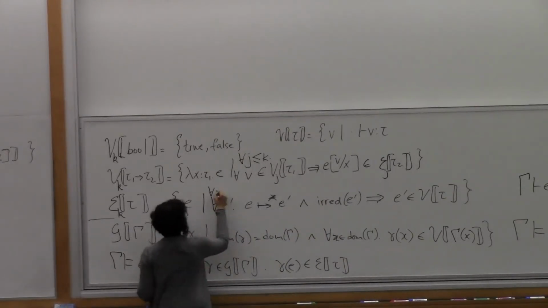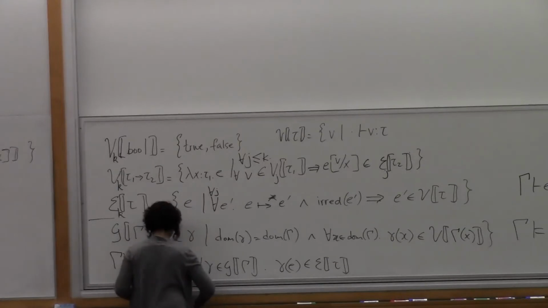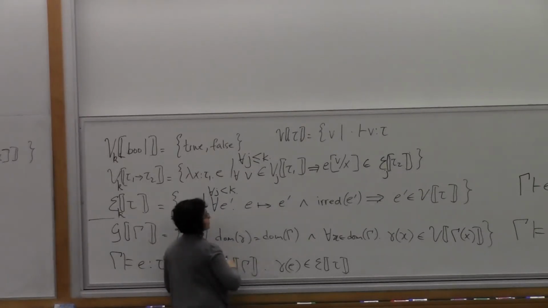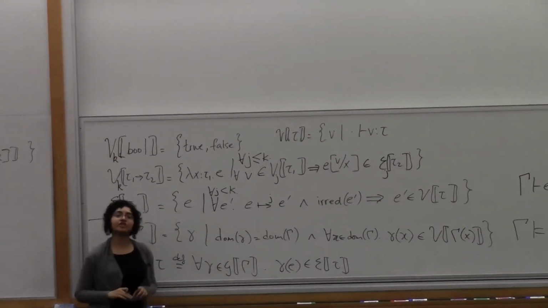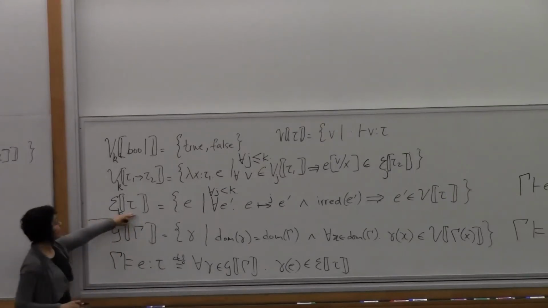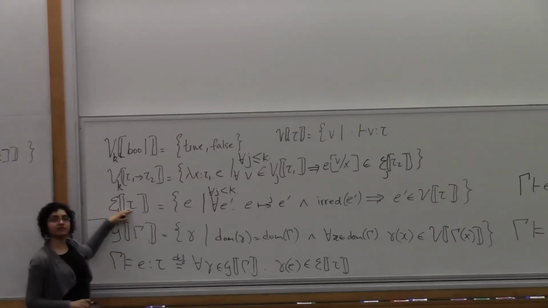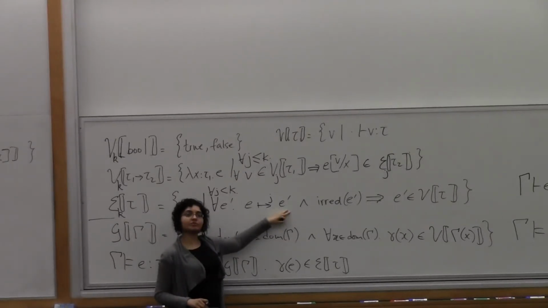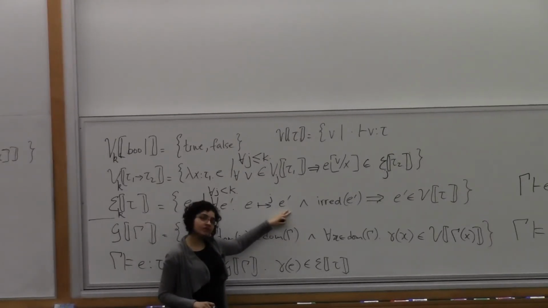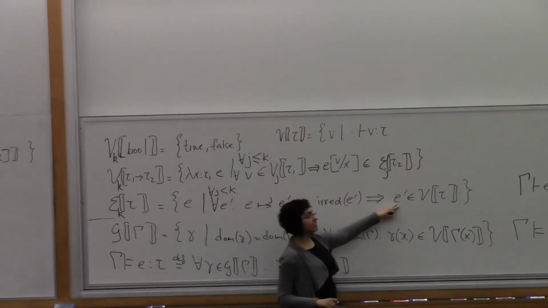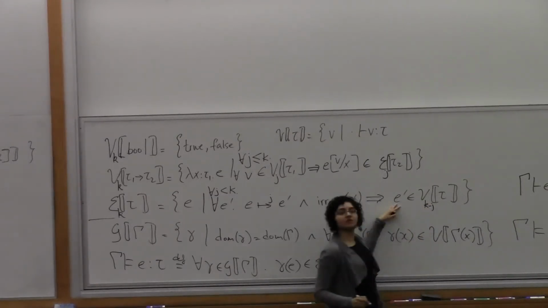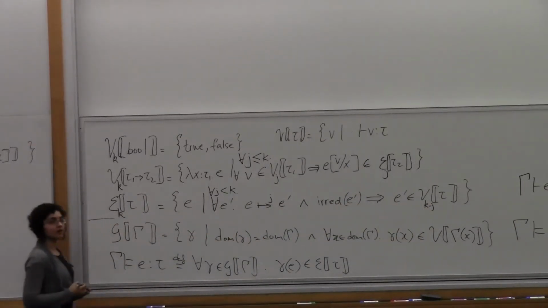So suppose that for some j strictly less than k, E reduces to E prime in j steps. I started out with k steps, and I used up j of those steps to get to this irreducible point. Now how many steps do I have left? k minus j. So my E prime should behave like a value of type tau for k minus j.